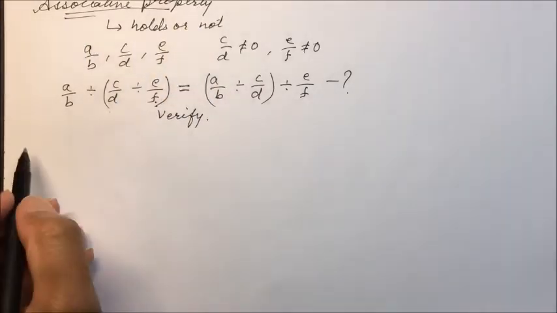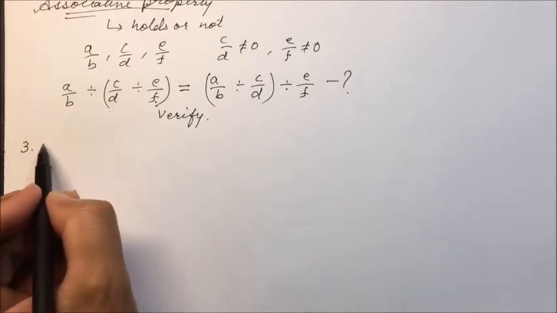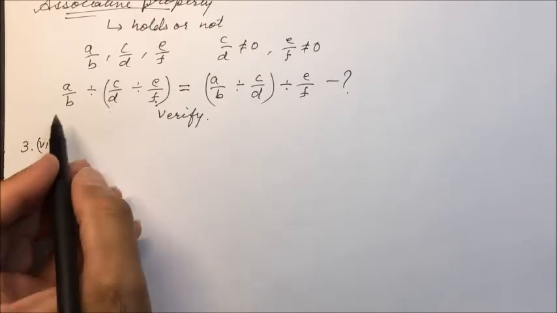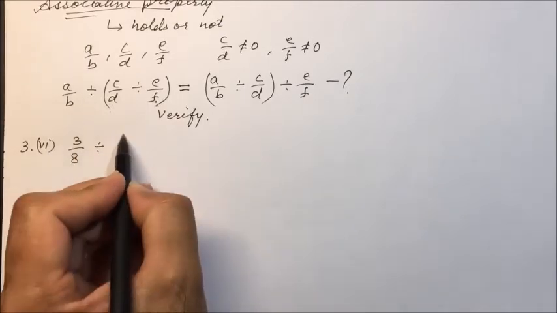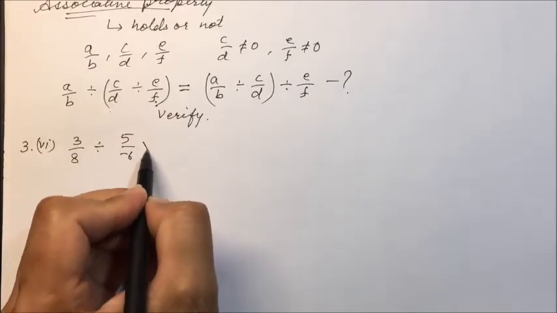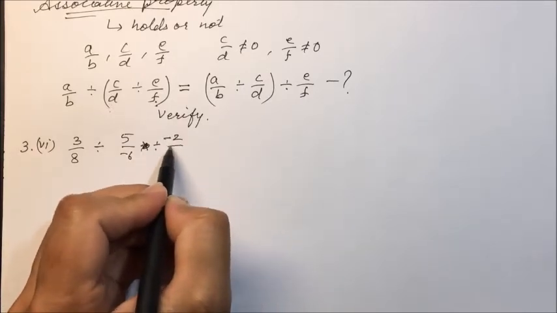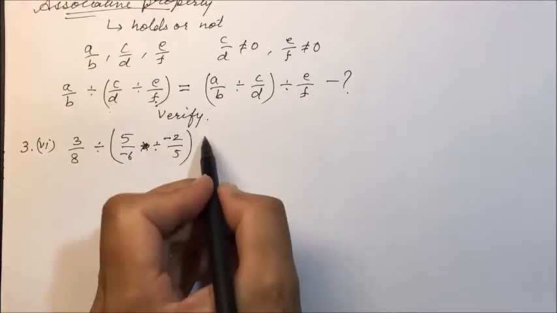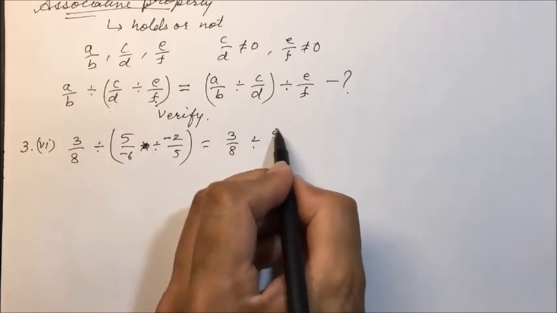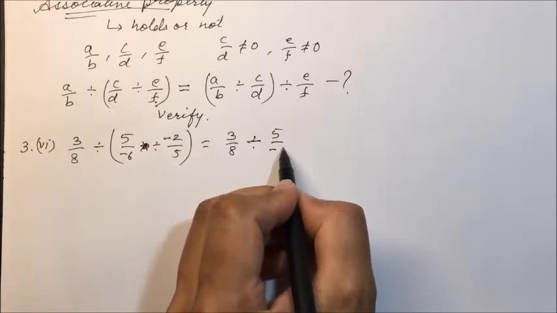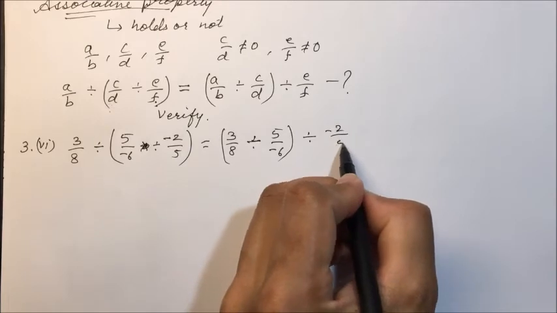So I'll be taking one example from exercise third question, sixth part. Here it is given 3 by 8 divided by 5 upon minus 6 divided by minus 2 upon 5, these in bracket, equal to 3 upon 8 divided by 5 upon minus 6 divided by minus 2 upon 5.